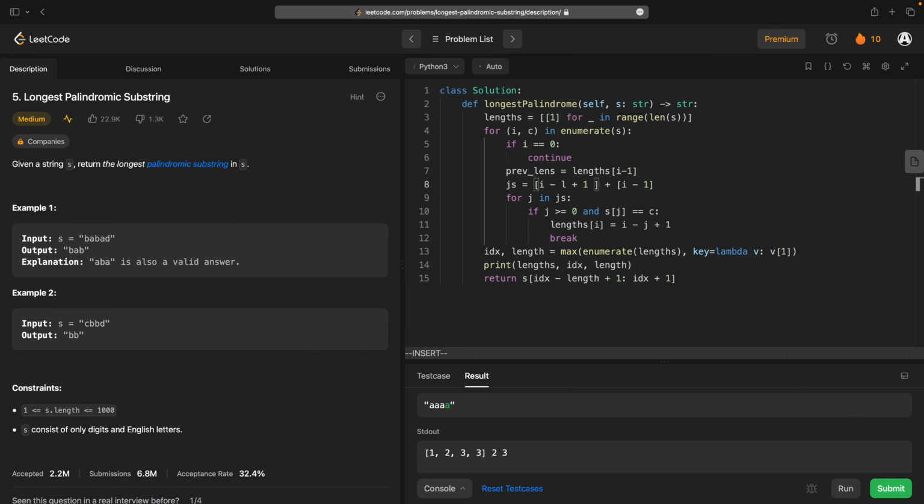Is that correct? I just got rid of it and I've forgotten what it said. I minus L minus 1, for L in prev lens.